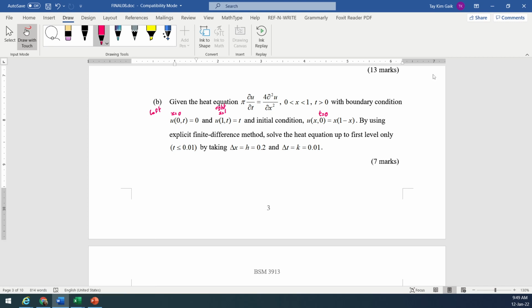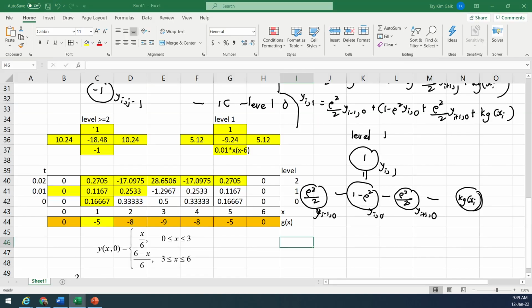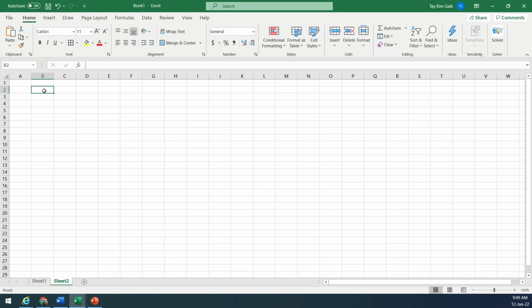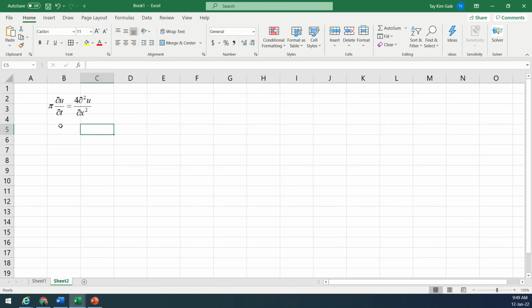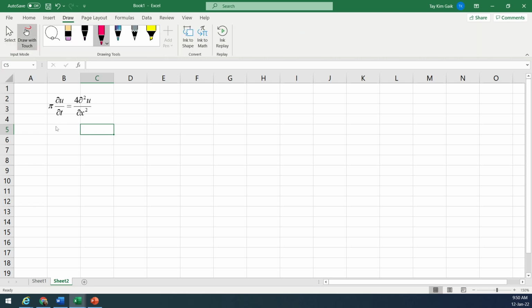You have to arrange the equation back so that you can calculate your c squared.